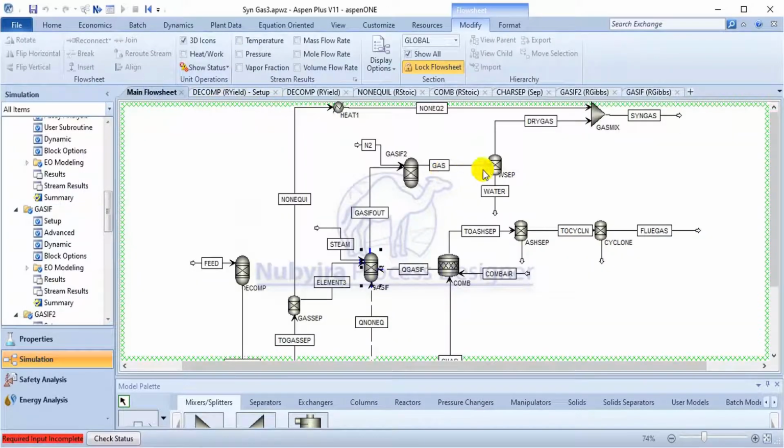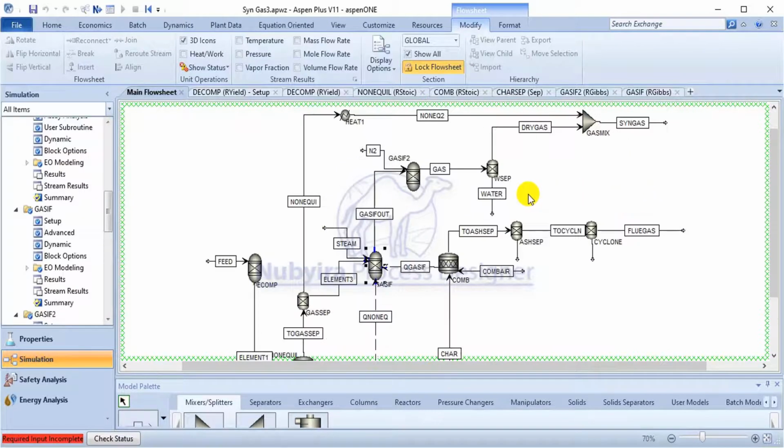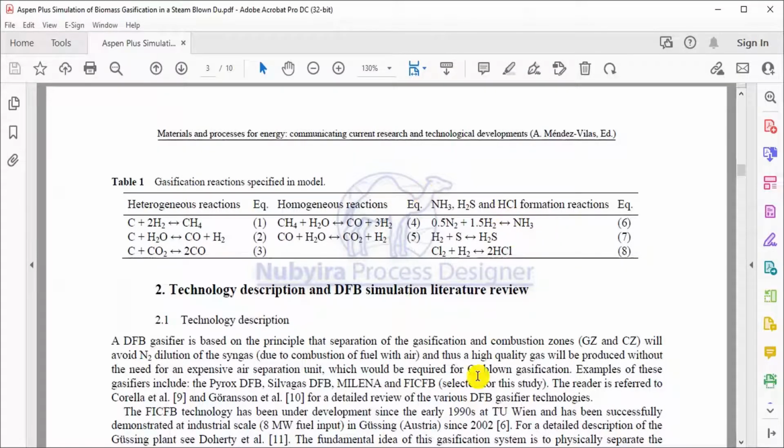So that's the brief description of the process, and this one is to separate the water out, and you have a dry gas here mixed with the other byproducts, which are the HCl, the H2S, and what's the other one? Let me check here. And the ammonia.